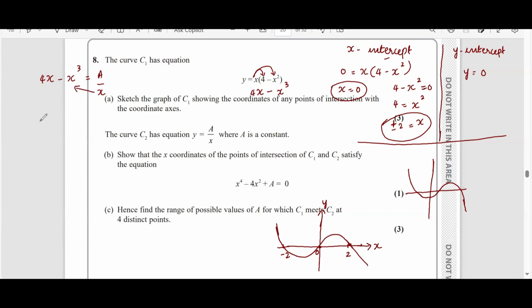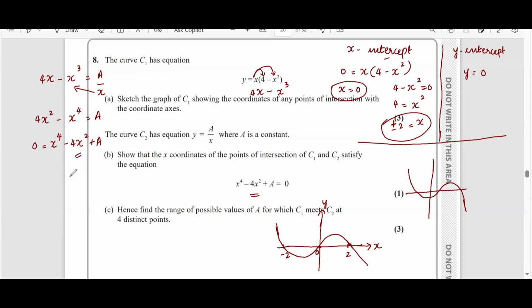When you cross multiply, we get 4x squared minus x to the power of 4 equals a. Let's bring all the terms to one side. Minus x to the power of 4 becomes positive x to the power of 4, and 4x squared becomes minus 4x squared, plus a equals 0.